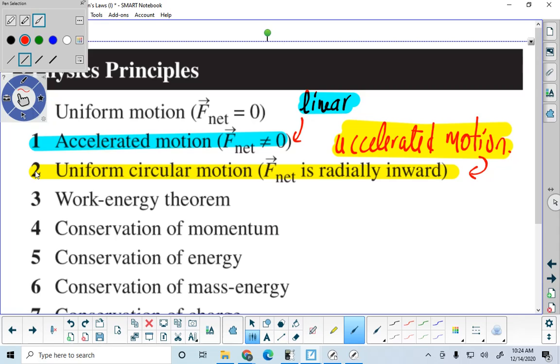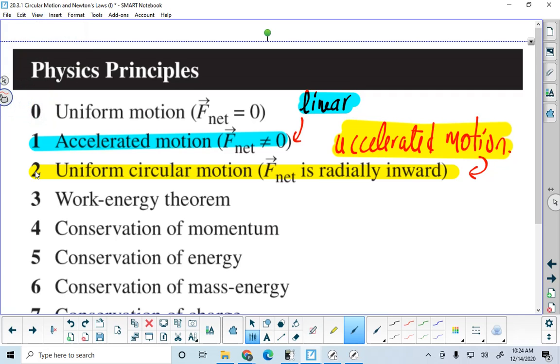Andrea chose to say, could we call physics principle number 2 nonlinear? Yes, I would prefer, though, if you're going to do that, Andrea, let's call it circular, because there's other types of nonlinear paths that objects could take. But no, in retrospect, I think nonlinear is a really, really good thing to say about physics principle number 2.